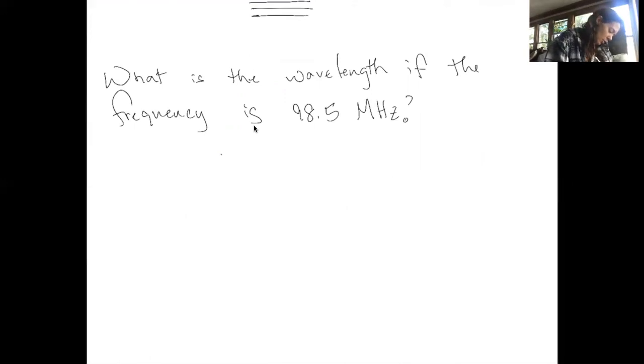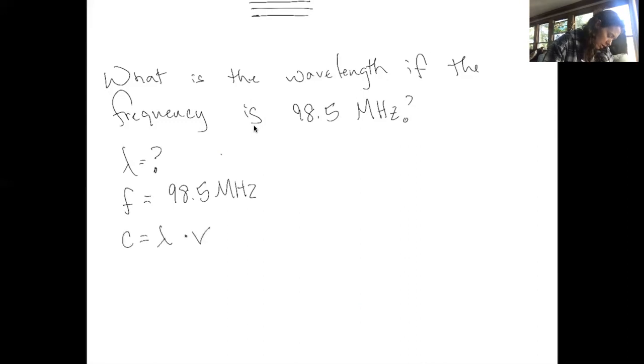Okay, what is the wavelength? Wavelength equals question mark. If the frequency, I'm going to use the letter f, is 98.5 megahertz, okay, well, we know that the speed equals the wavelength times the frequency.